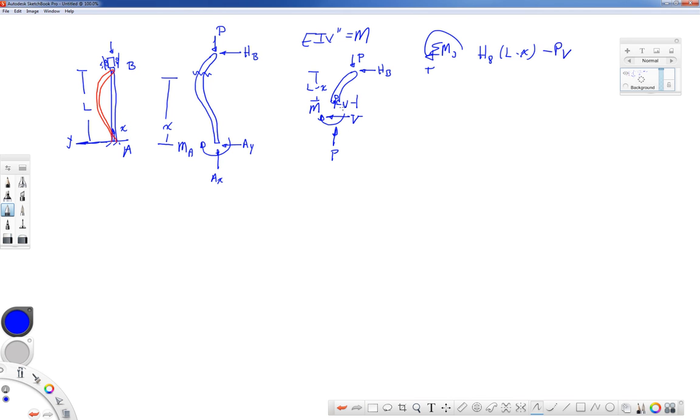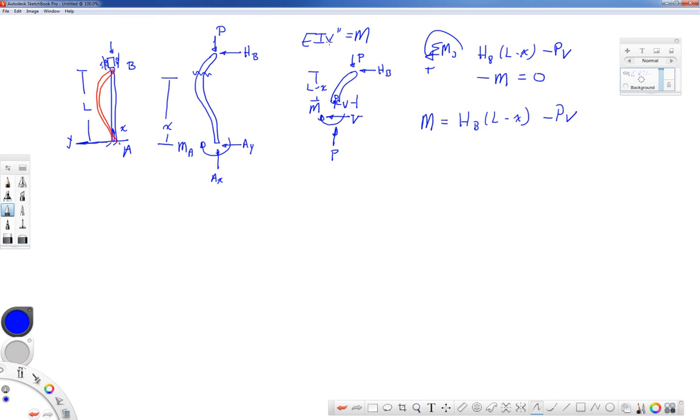And then down at the bottom, we have the moment m, which would be in the minus direction, equal to 0 for equilibrium. So if we solve for m, it is going to be equal to HB times this quantity, L minus X, minus PV.